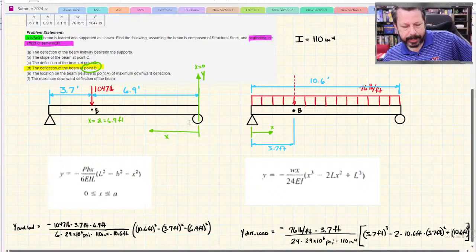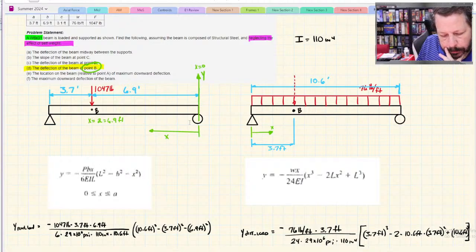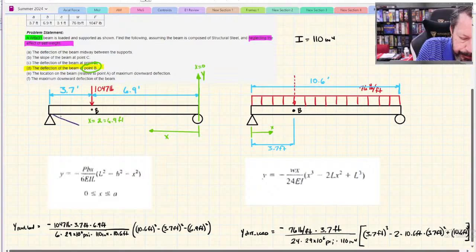I need it to create, all right, so I need it to create that shape. So the beam, let's just work through this. The beam is going to bend something like that.